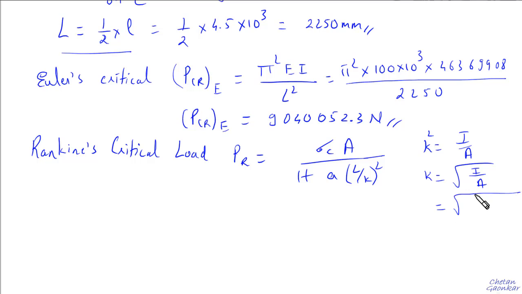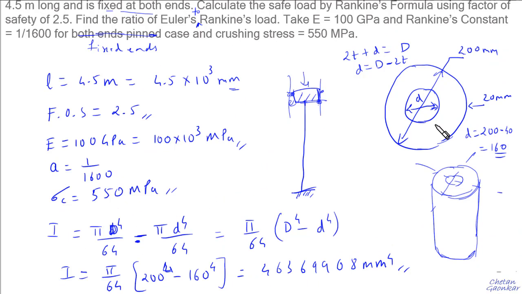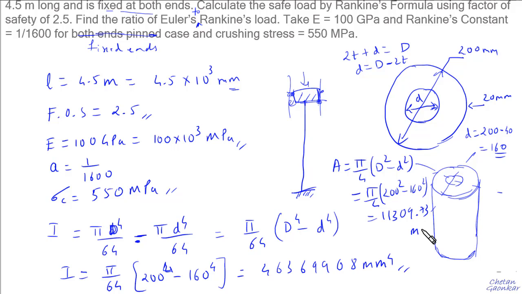The I value we already know: 463,699.08, divided by the area of this hollow cross section. The area of the hollow cross section is pi by 4 multiplied by capital D square minus small d square. So this will be pi by 4 multiplied by 200 square minus 160 square, which turns out to be 11309.73 mm square.